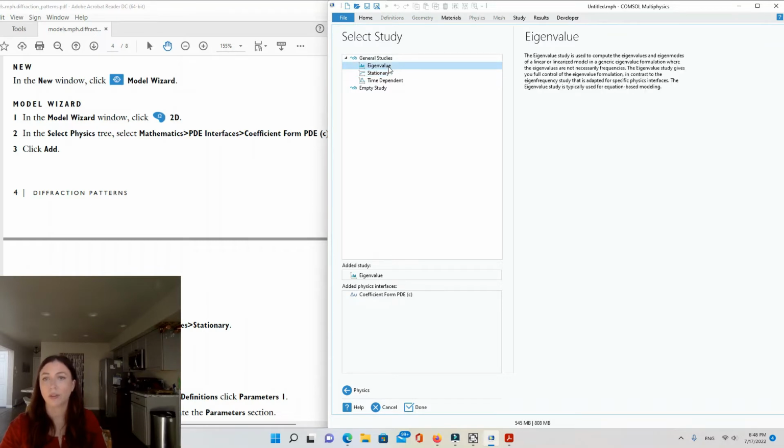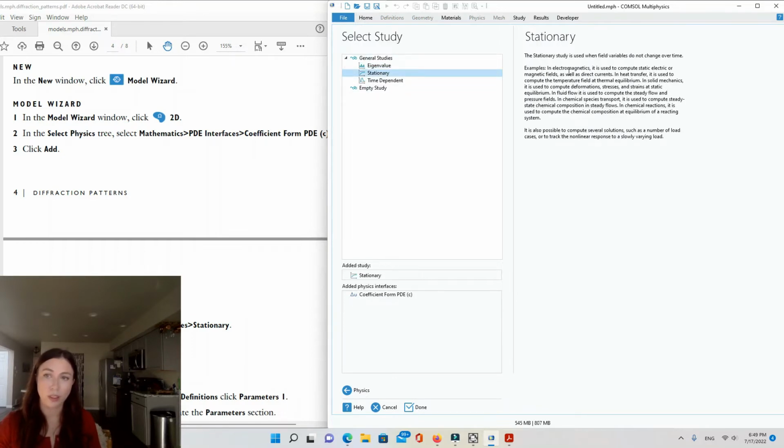If you wanted to do an eigenvalue study, you could compute the eigenvalues and eigenmodes of a linear or linearized model in a generic eigenvalue formulation where the eigenvalues are not necessarily frequencies. This is typically used for equation-based modeling. We're going to do a stationary study when the field variables do not change over time.